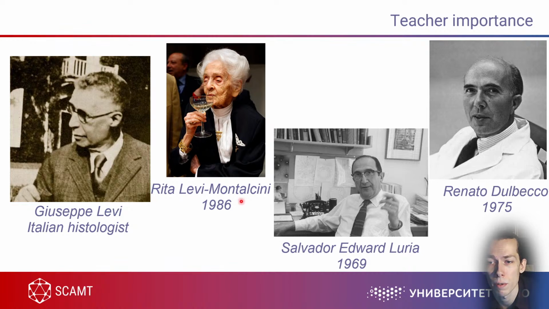It's Rita Levi-Montalcini, Salvador Luria, and Renato Dulbecco. And you see some numbers here. These numbers are the year of receiving a Nobel Prize by these scientists. So I believe it's a very rare occasion in science when just one man, let's say, raised three students who received a Nobel Prize.